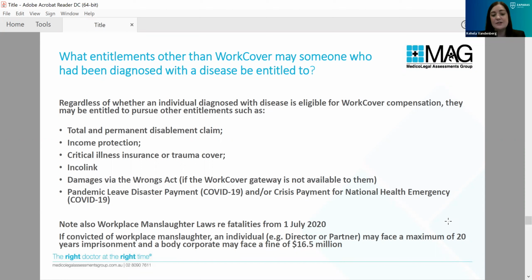An interesting new law came in Victoria. I think it was already in a lot of other states, which is workplace manslaughter laws, which a lot of workers need to be very careful about. It's not something that your average lawyer will do. That's really something WorkSafe and the police will need to investigate. If the workplace has failed to provide an adequately safe workplace and then the person ends up passing away, then they may face jail, or the company may have quite a hefty fine coming their way.